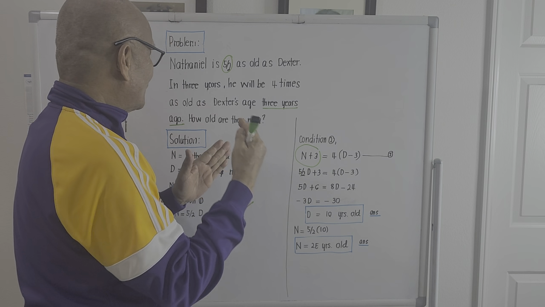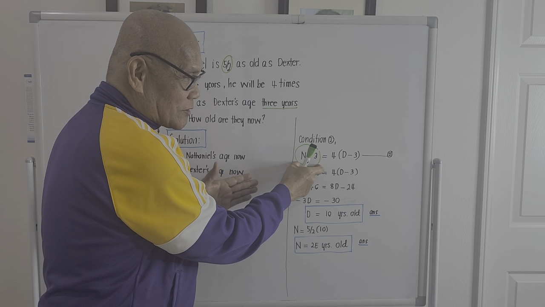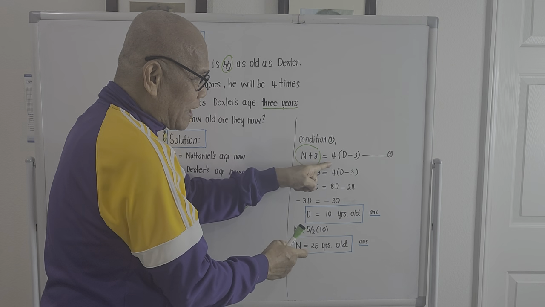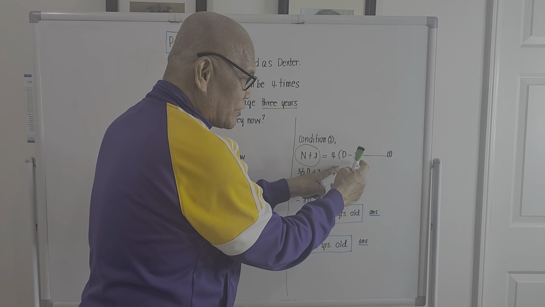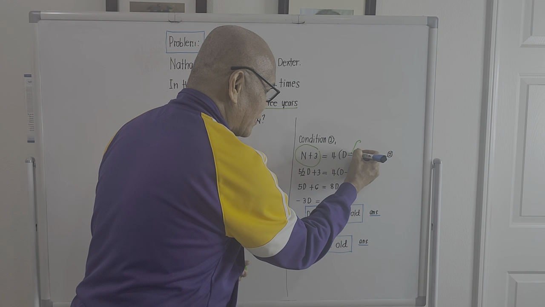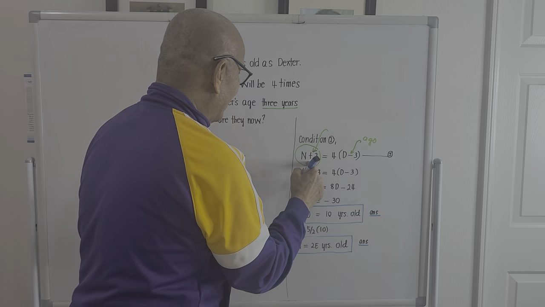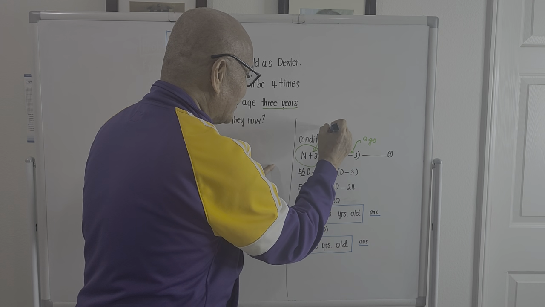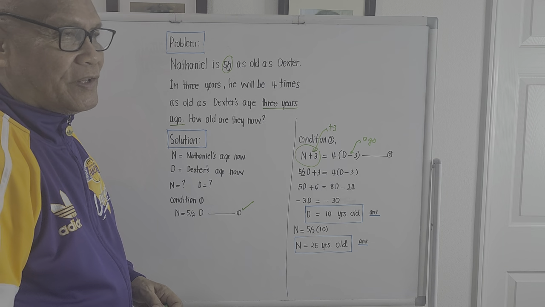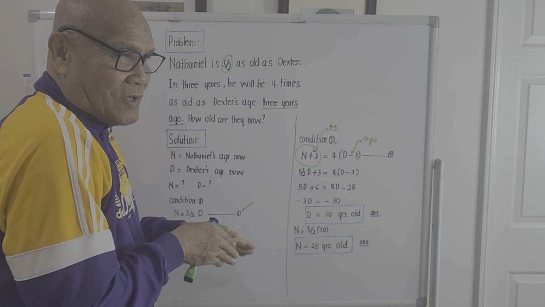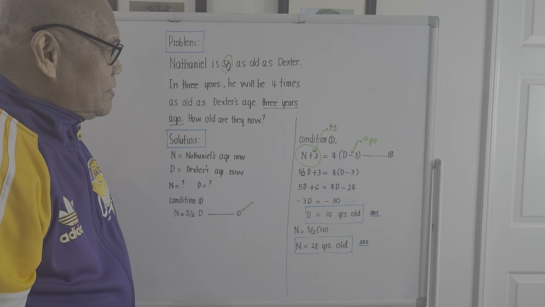So relating this verbal equivalent in terms of condition number 2: N plus 3, the age of Nathaniel in 3 years, is 4 times the age of Dexter 3 years ago. The negative sign here is ago, and the plus here is in 3 years, meaning present age plus 3. D minus 3 is the age of Dexter 3 years ago. So N plus 3 equals 4 times the quantity D minus 3.